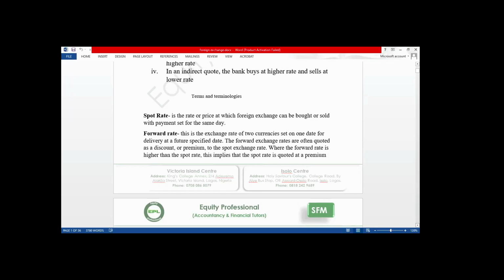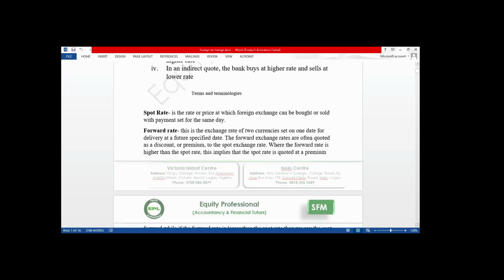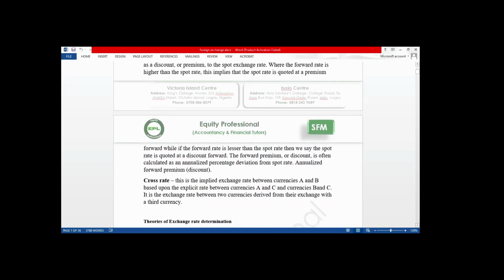Where the forward rate is higher than the spot rate, this implies that the spot rate is quoted at a premium forward.